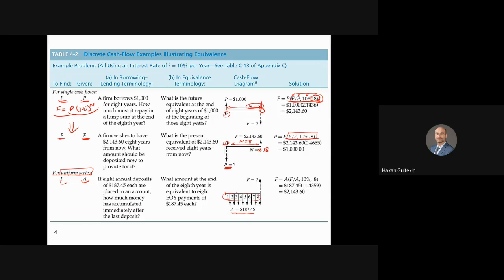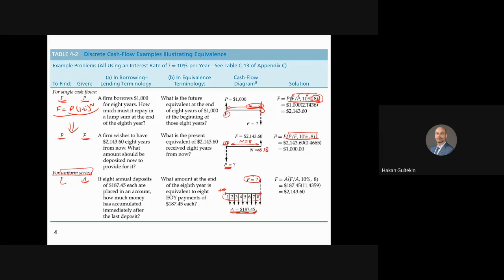Again, it is not important whether this is 0 or 10. The important thing is we make these equal payments 8 times. The number of payments is equal to 8. And look, we are finding the future value at the end of the periods, which is 8.